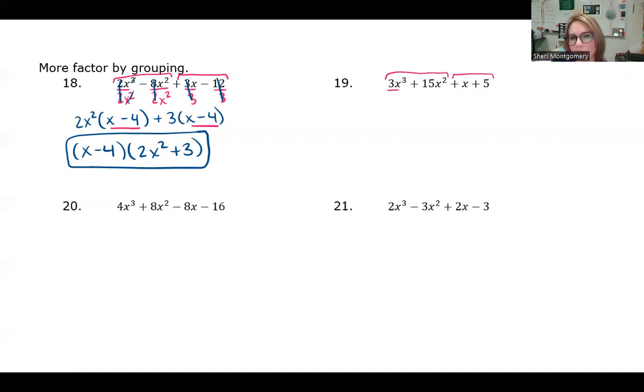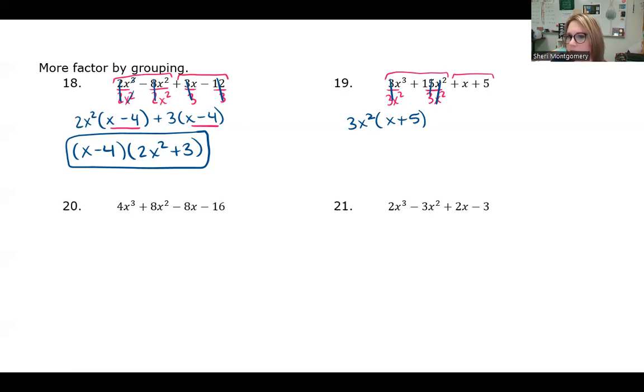What would my GCF be? Yep, so I pull that out front. So I'm left with x plus 5. Our goal is to get the second group to also have an x plus 5.